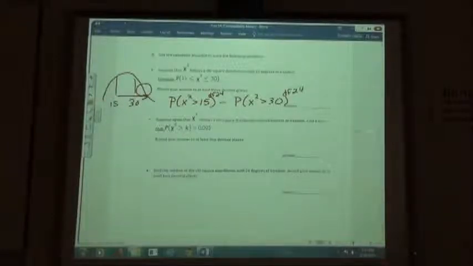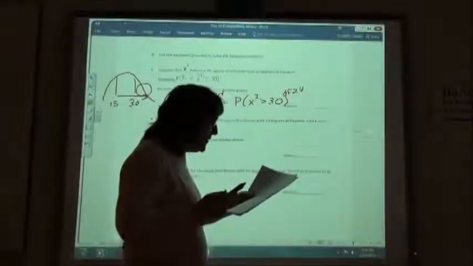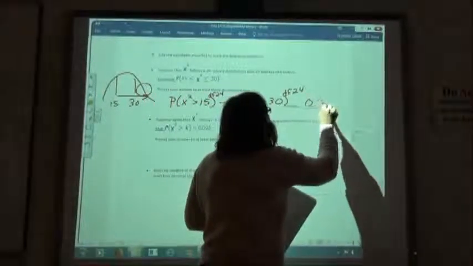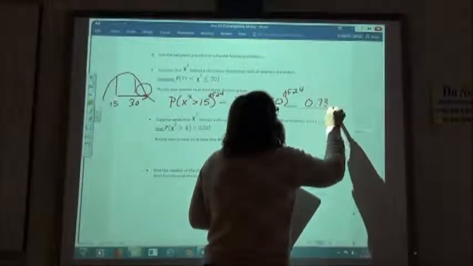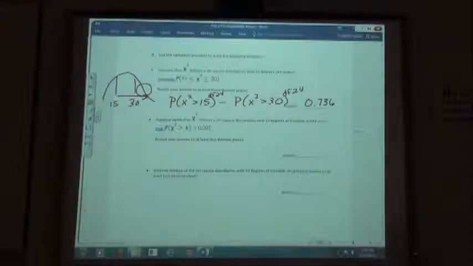And then we're going to do the same thing again, the P of chi squared. And we are going to put in 30 with a degree of freedom of 24. And hit equals. And so we end up with, to 3 decimal places, 0.737. I got 0.736. Oh, we don't round. Oh, because it's a 0 behind there. Right? Okay. 0.360.